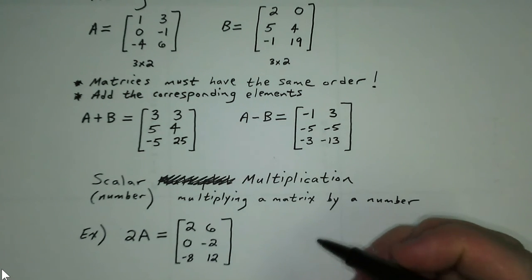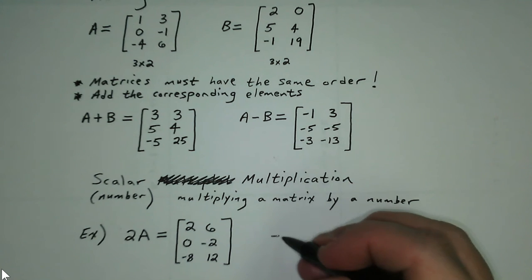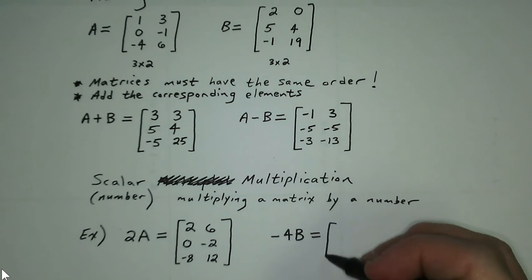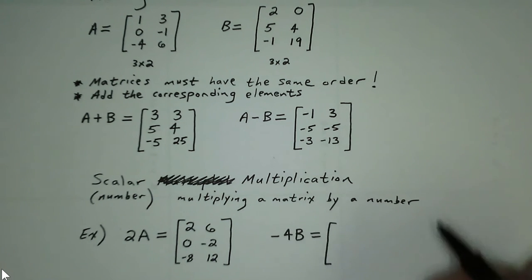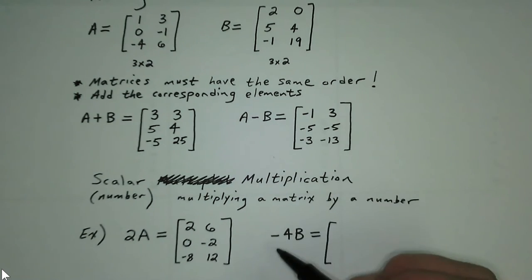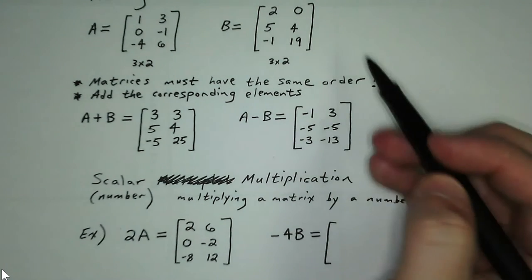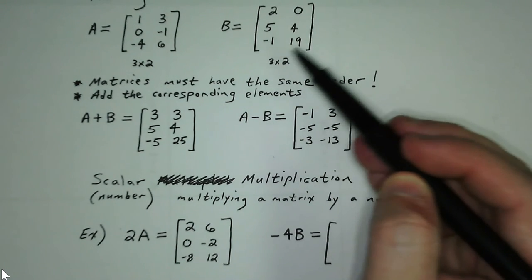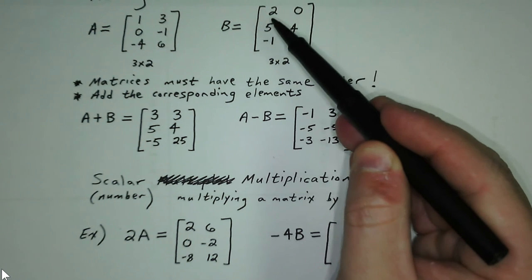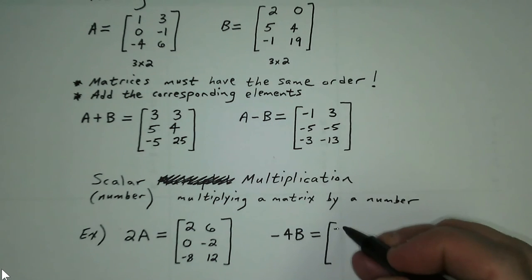Or if I wanted to do negative 4 times B, so negative 4 times every number. Negative 4 is my scalar, and matrix B is all this 3 by 2 stuff up here. So multiplying everything by negative 4: negative 4 times 2 is negative 8.